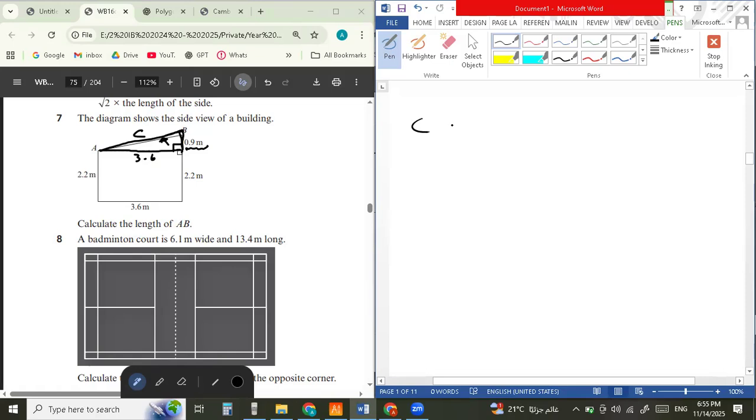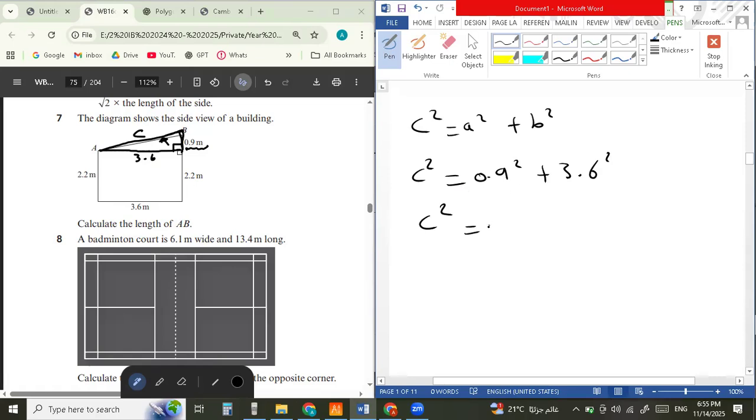C squared equals A squared plus B squared. Which is A, which is B? It doesn't matter. 0.9 squared plus 3.6 squared. So C squared equals, do the calculations.